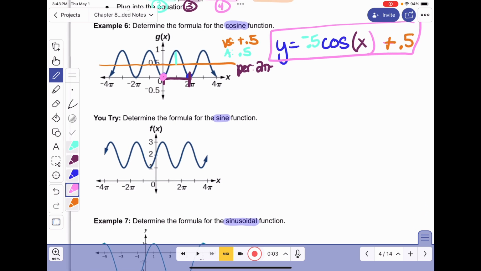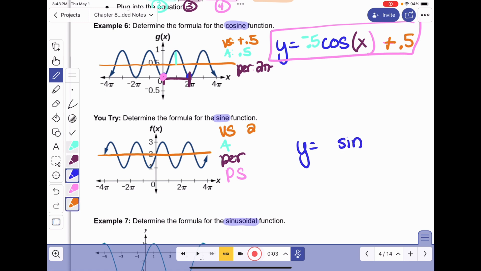Let's follow those same steps for this graph. Period, phase shift. So first we're going to find our midline. The middle of that is 2. We know it's sine. So we're going to add 2 at the end. Our amplitude, we go up from the midline to the top.